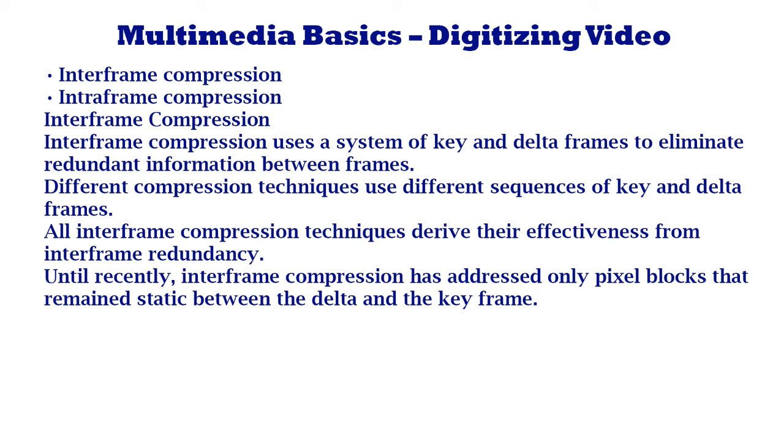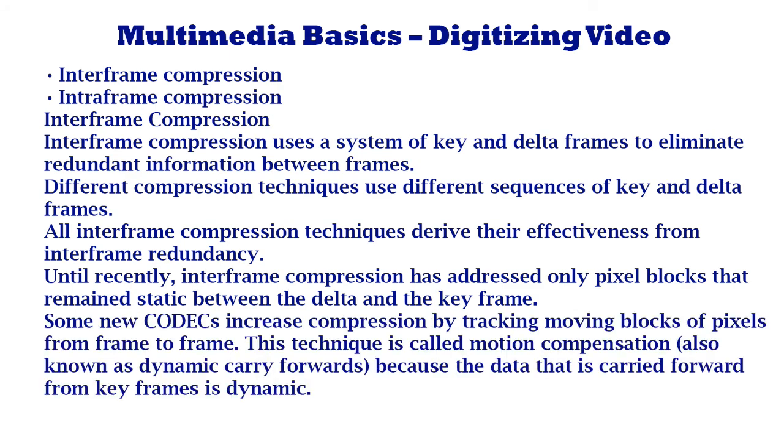Until recently, interframe compression has addressed only pixel blocks that remained static between delta and the keyframe. Some new codecs increase compression by tracking moving blocks of pixels from frame to frame. This technique is called motion compensation, which is also known as dynamic carry forwards, because the data carried forward from keyframes is dynamic.